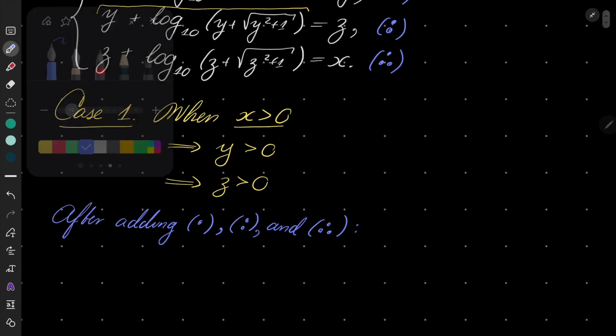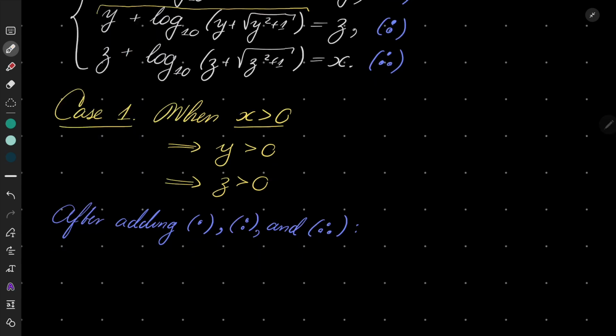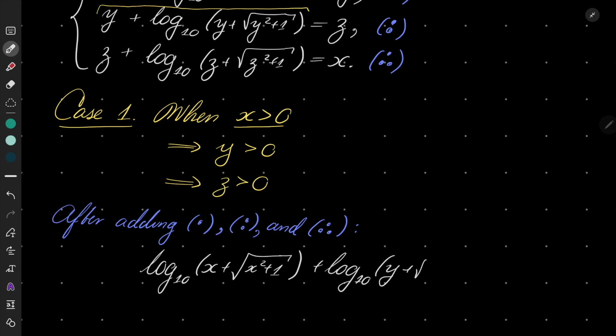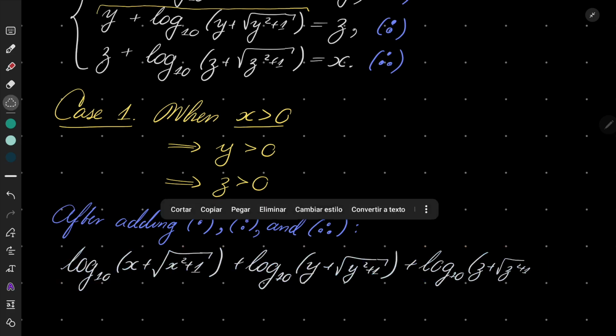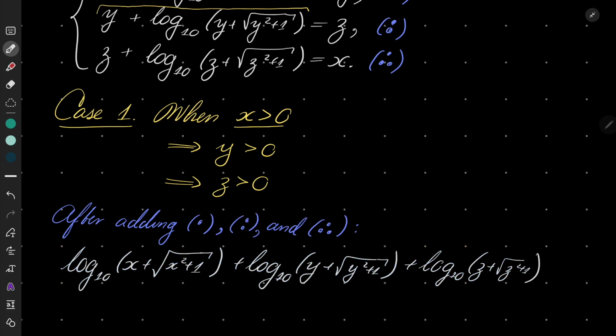So we will be left with decimal logarithm of x plus square root of x squared plus 1, plus decimal logarithm of y plus square root of y squared plus 1, and finally, decimal logarithm of z plus square root of z squared plus 1, equals 0. Is it possible?